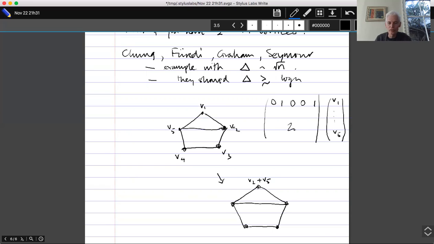And in general, what we do is we just take each vertex, look at the numbers on its neighbors and add them together. So V2 will give us V1 plus V3 plus V5. I might as well write all these down. So V2 plus V4. And this one will be V3 plus V5. And this one is going to be V1 plus V2 plus V4.